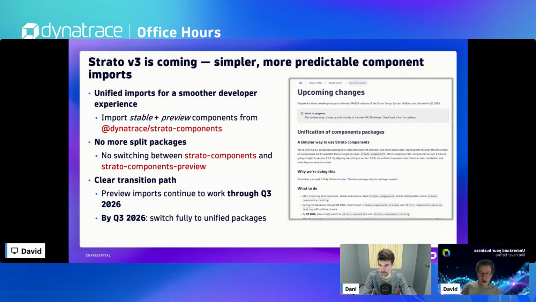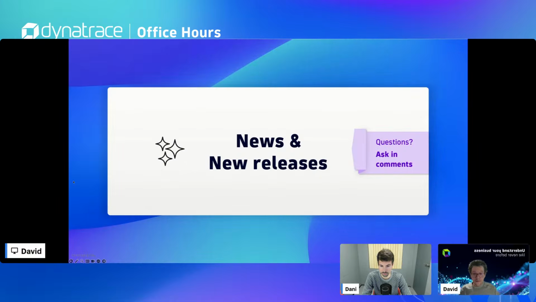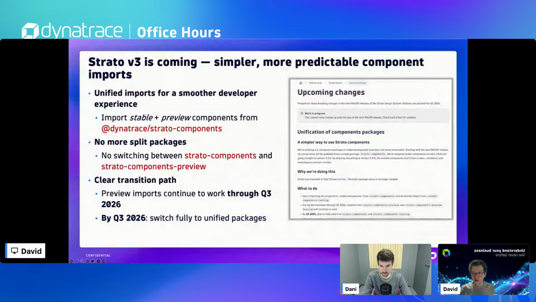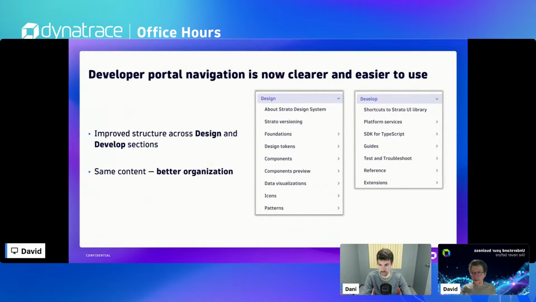And in there, we have the upcoming changes, where we're doing announcements like this, or also previous one, to give you heads ups of changes like this. All right. So Strato with version 3 is going to be much simpler. I hope this is going to be useful to you and appreciated.